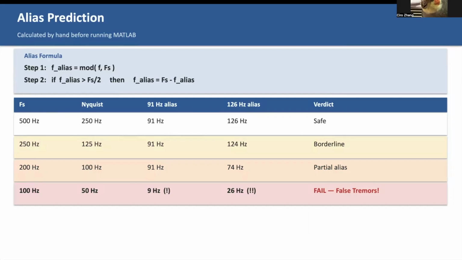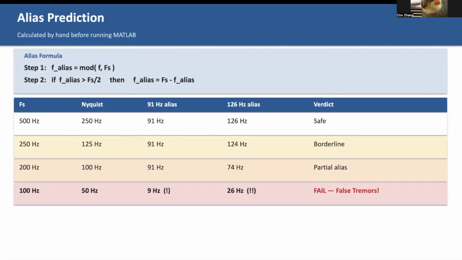So first, let's predict what would happen if we just sample it directly. Before we run MATLAB, we're going to do some predictions. Using the aliasing formula, we take the mod of f over fs and then fold it if it's above the Nyquist. At 500 hertz, everything is very safe, higher than what's needed. At 225, we are on the borderline.